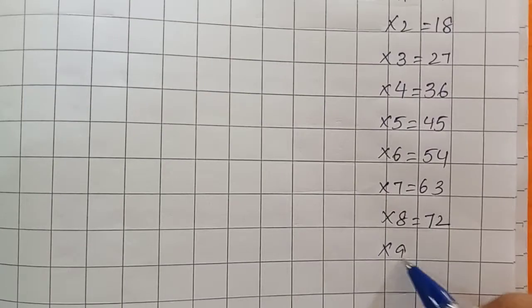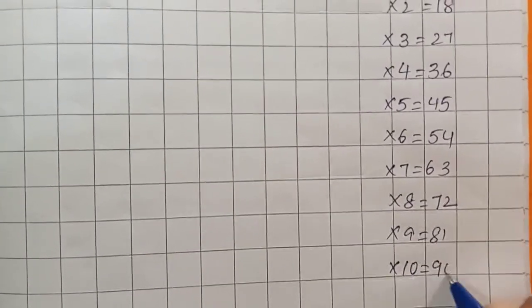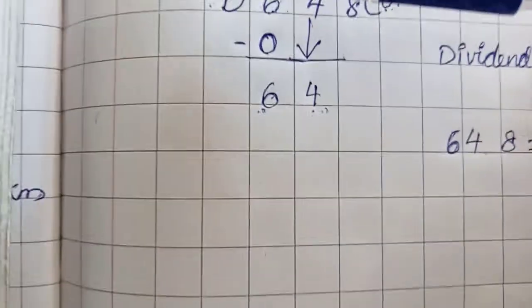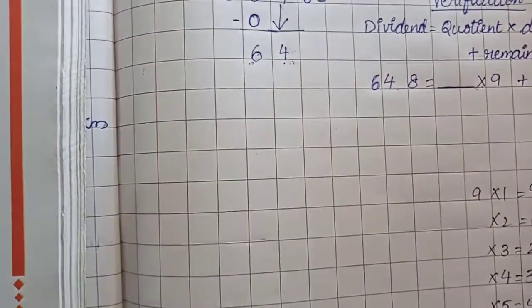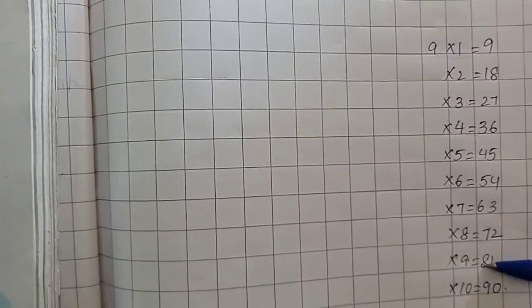So we will write the complete table otherwise. 81, tens are 90. So see children, we have the number 64 and which number we can subtract from this 64? From the 9th table you have to see.